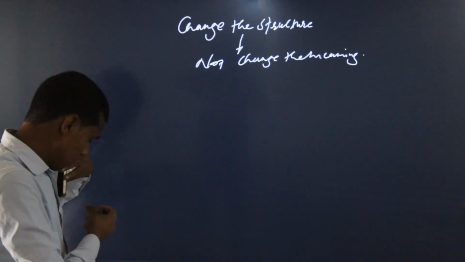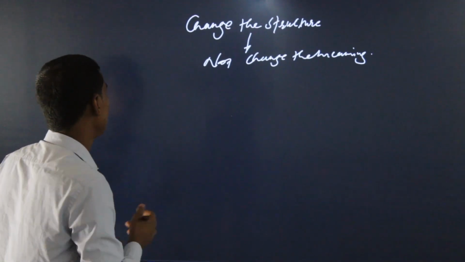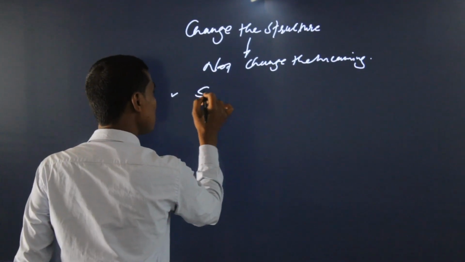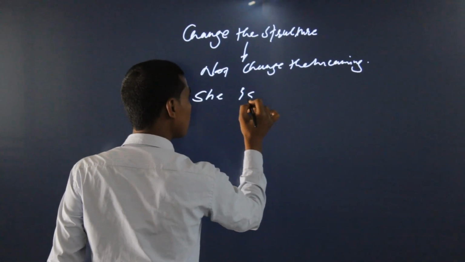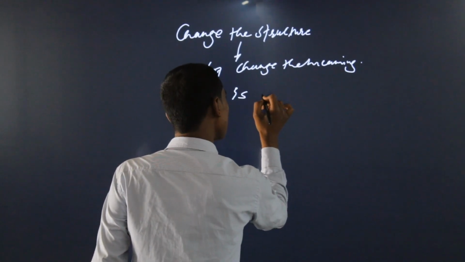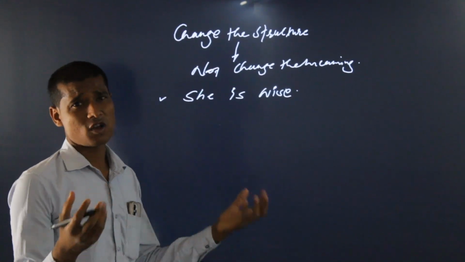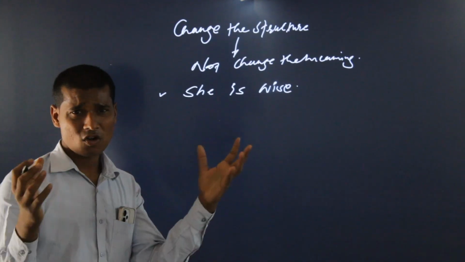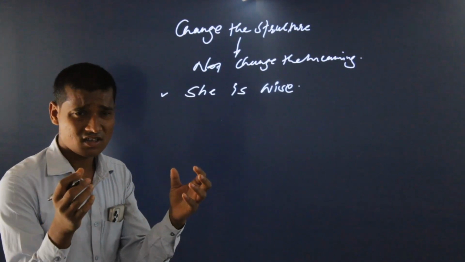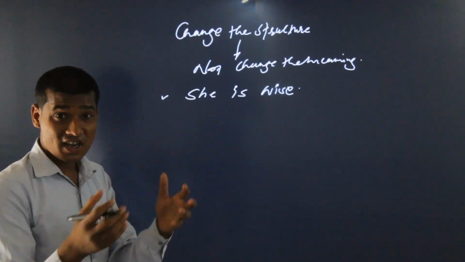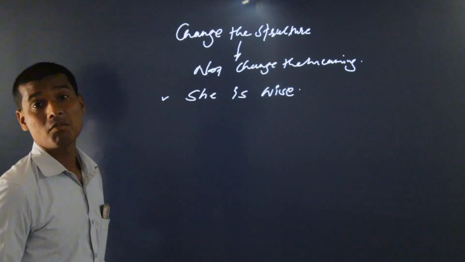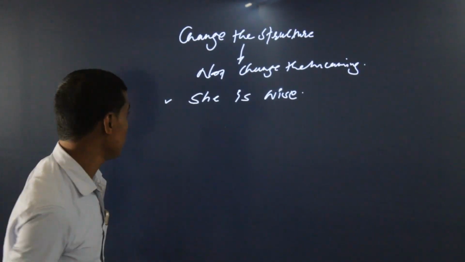Let's take one simple example. When we write "She is wise," it's quite a simple sentence. But now we are going to change its structure, but we can't change the meaning.